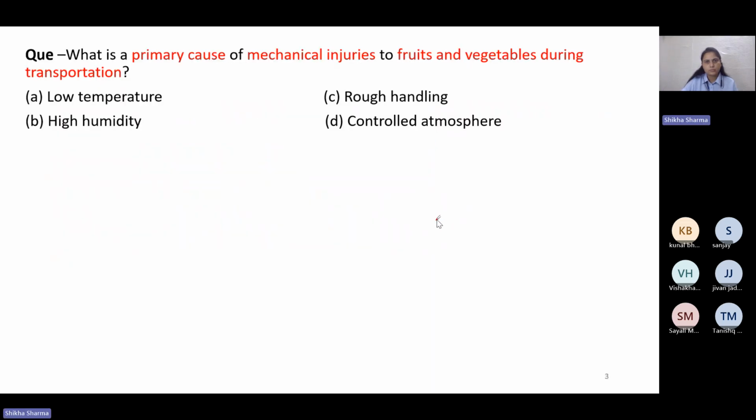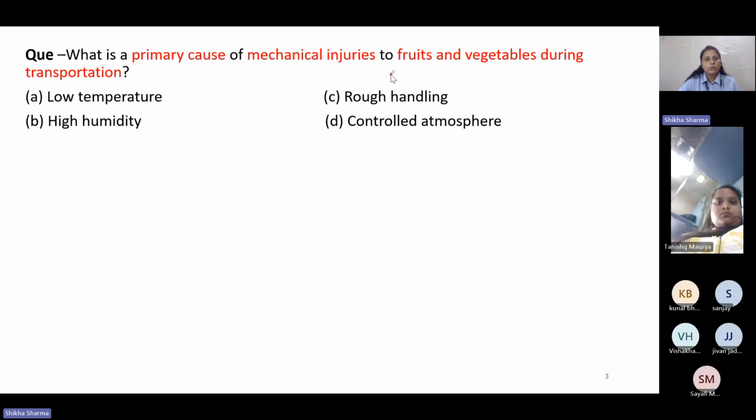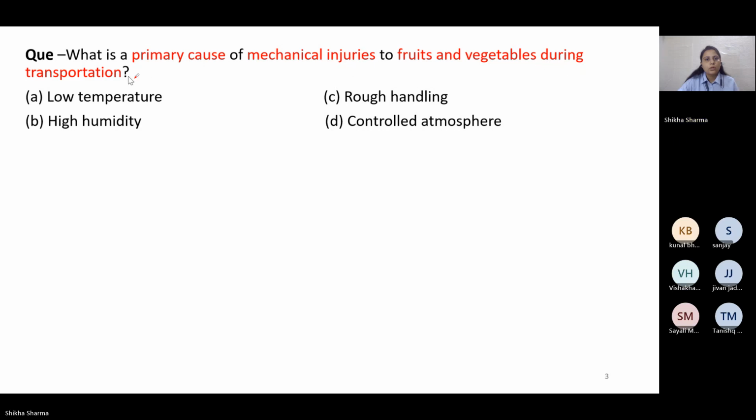Let's begin with today's first question. What is the primary cause of mechanical injuries to fruits and vegetables during transportation?